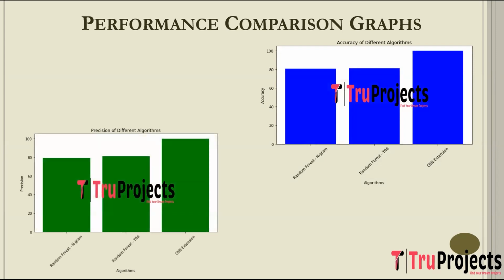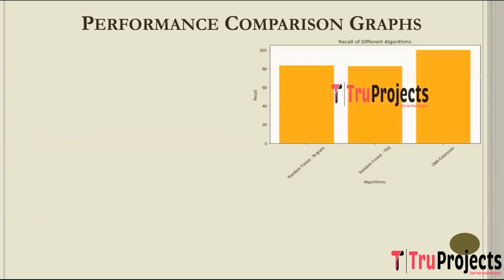This is the precision score comparison graph. It is the ratio of true positive predictions to the total positive predictions, representing the model's ability to correctly identify relevant instances while minimizing false positives. This is the recall comparison graph. Recall is also known as sensitivity or true positive rate.